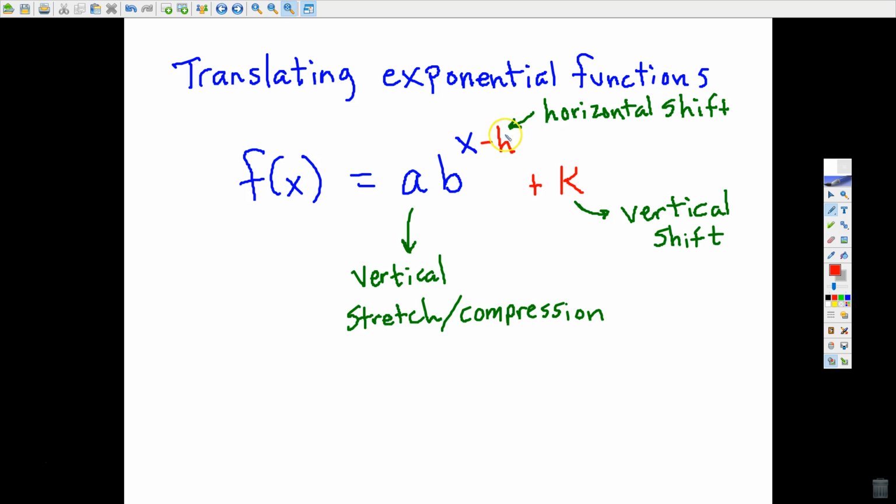This is a review of translation principles that we've talked about with other parent functions. You might want to pause for just a second and make sure you remember this affects the size, but not the shape. This number h will do a horizontal shift, and be careful because it's really the opposite of the way it looks. And this number k will indicate a vertical shift.